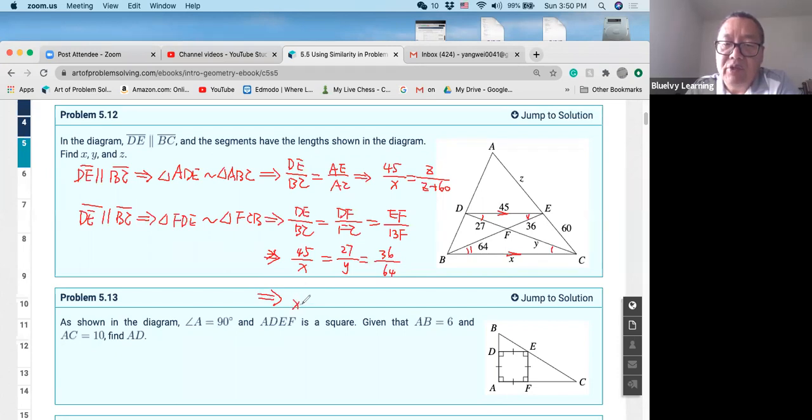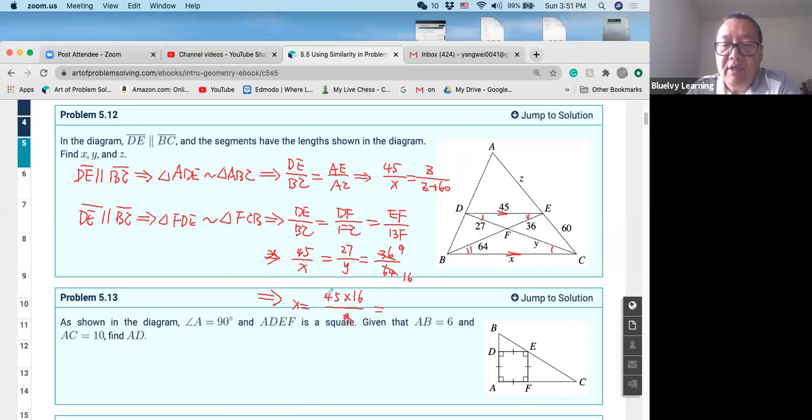We can simplify this first. So we use 4 to divide this one, that will be 9. This one will be 16, right? So then we do this. 9 times X equals 45 times 16. Then divided by 9.